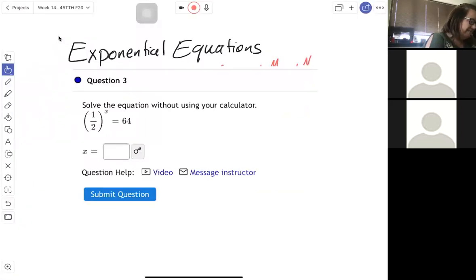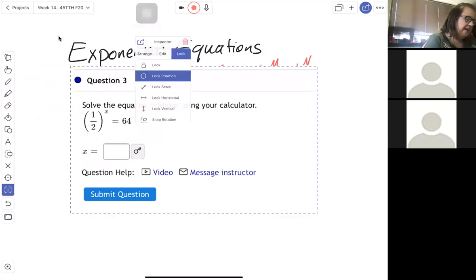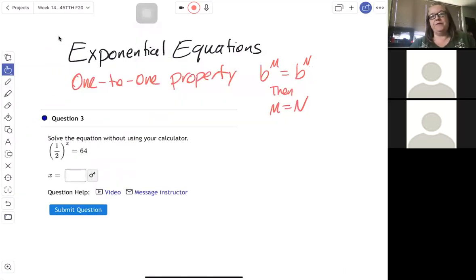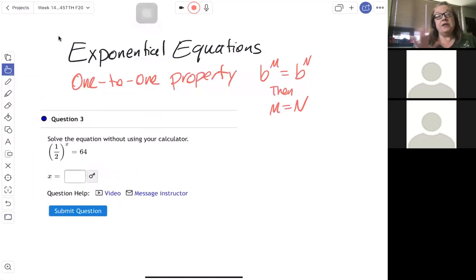Anyway, I chose the one that has one side with a fraction for the base, okay? And I'm actually going to show you 2 different ways you could work this problem. Not every single exponential can be worked by using the one-to-one property, because for some equations it would be very difficult to find one single number that we could use as a base on both sides.